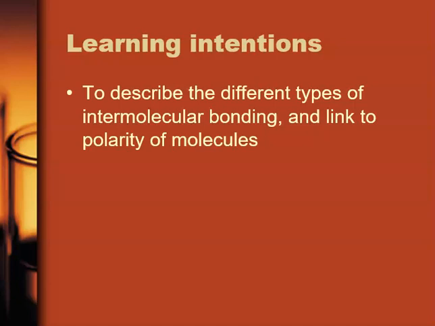And within molecular substances, you get 2 different types of bonding. There is the covalent bonds that exist between the atoms in the compound, and then there is the intermolecular bonding, which occurs between the molecules. And the intermolecular bonding is particularly important, and that's what we're going to be focusing on in this video.